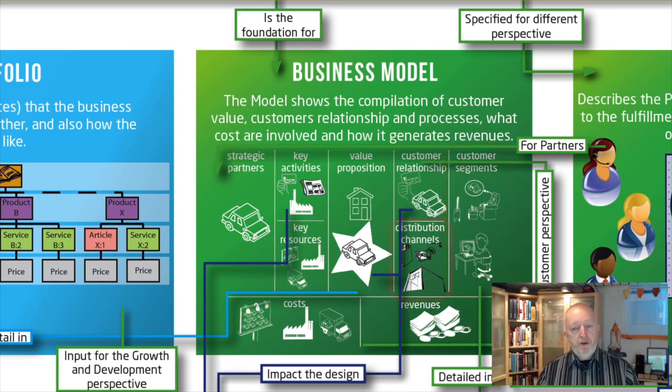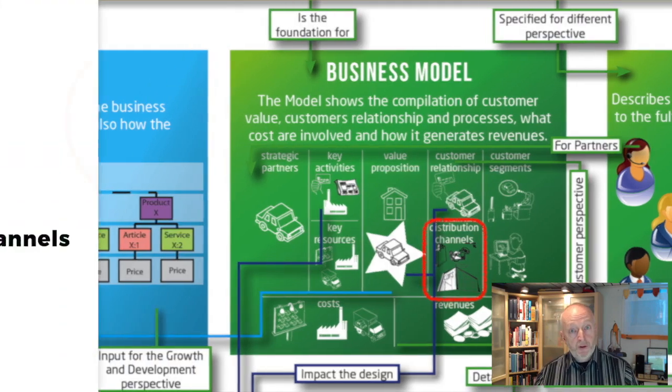Okay, further on. Now you have your products, you know your customers. Now you need to define what channels you want to use in order to give them the value, the service that you want to provide for them.